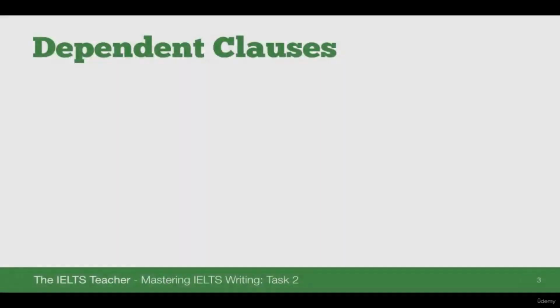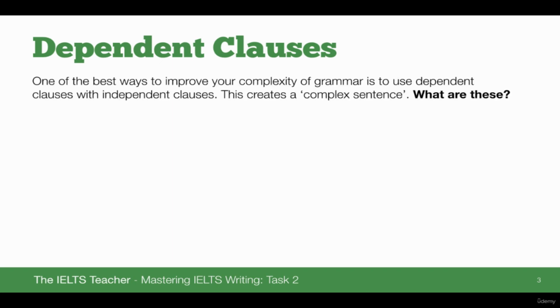Okay, so thinking about how to create a complex sentence, let's first of all think about dependent clauses. One of the best ways to improve your complexity of grammar is to use dependent clauses with independent clauses. This creates what is known as a complex sentence. But what are dependent clauses? I have a dog.